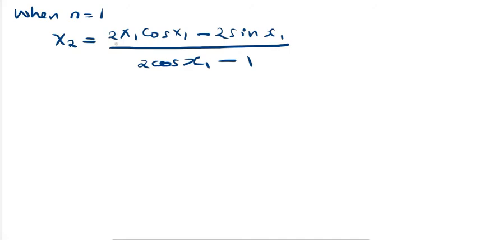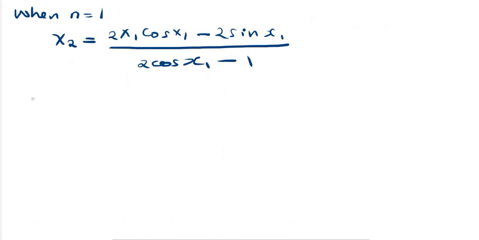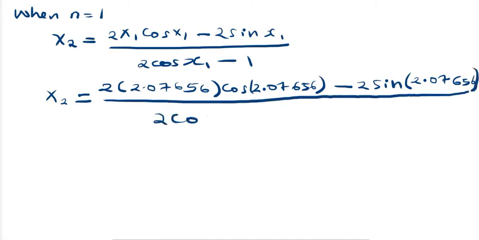Now, we got x1 from the previous iteration, so we are going to use this value of x1, which is 2.07656, in here. So substituting x1 in this formula, we get 2 times 2.07656 cos 2.07656 minus 2 sine 2.07656 over 2 cos of 2.07656 minus 1.